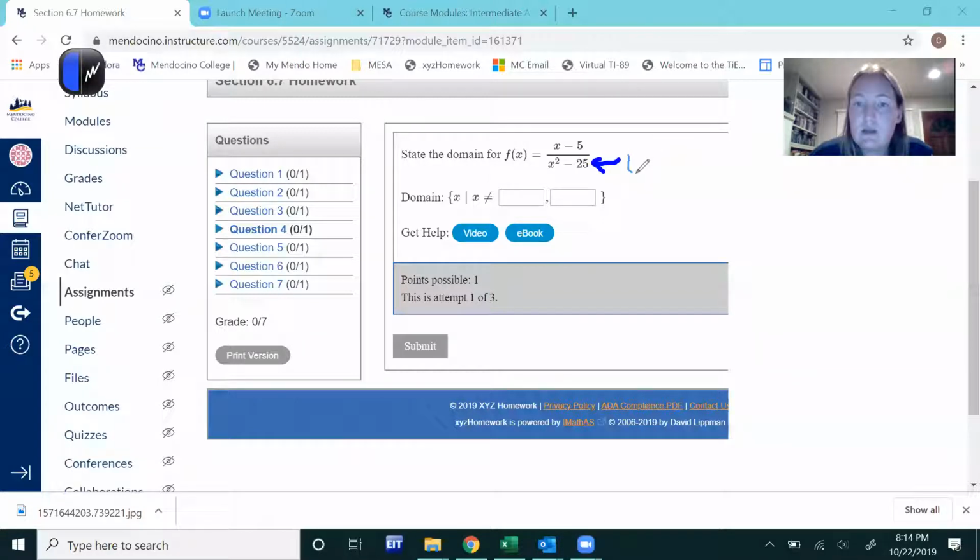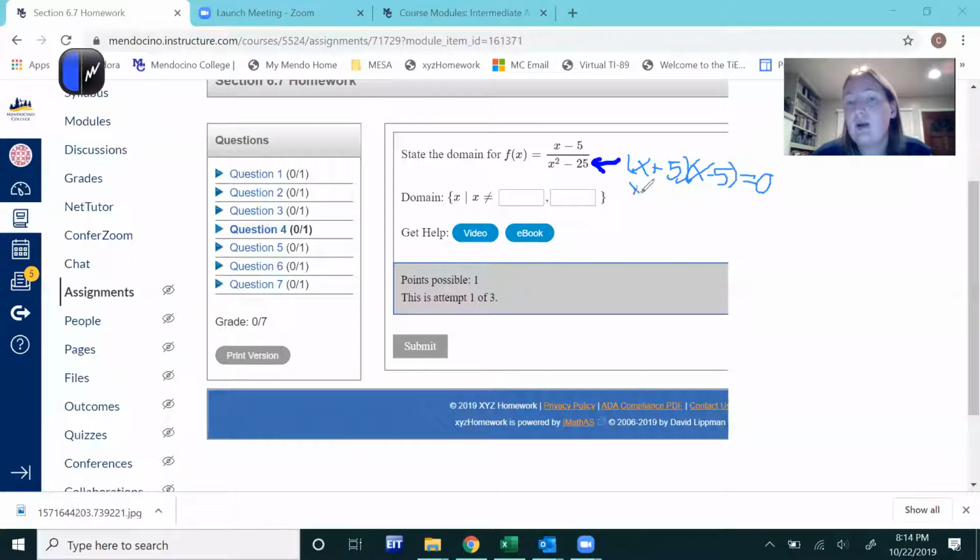Okay, so this is x plus 5 times x minus 5. And we want to know, when is it 0? When would it be undefined? So if this is 0, 0 times anything is 0. And if we have something times 0, then we get 0. So what makes this 0?